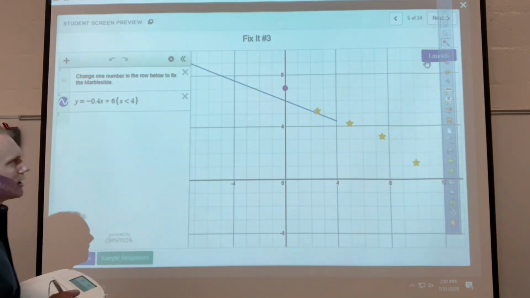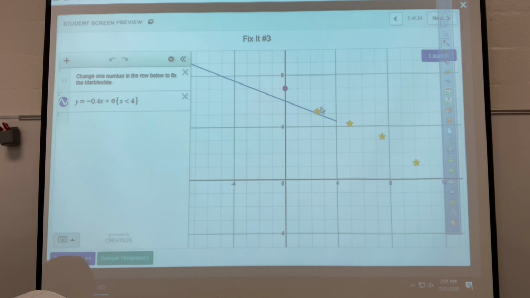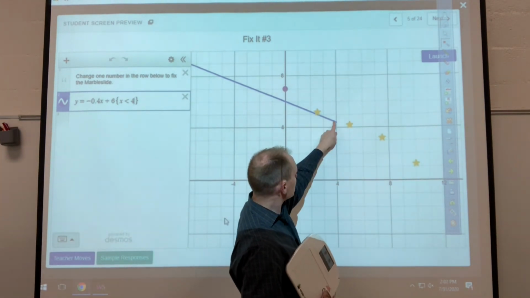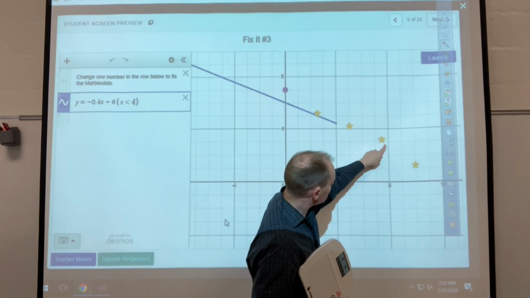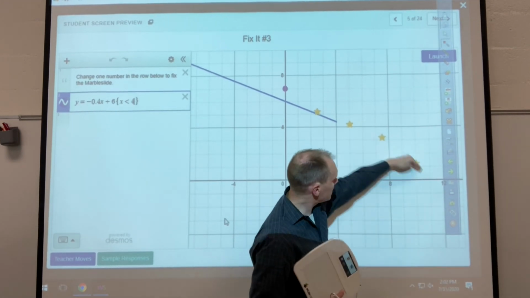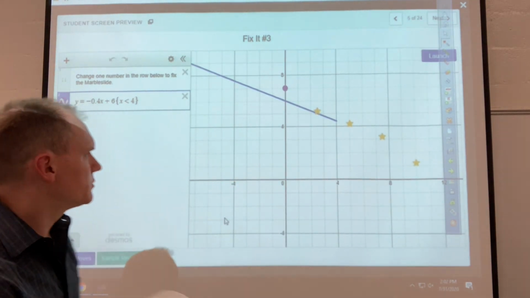So let's see what happens right now when we launch it. Okay, that's pretty good. We got 2 of the stars, but let's see if we can get all 4 here. If we were to increase the domain restriction to go all the way to maybe this star here, so like 7.5, it might continue, because we can't go further than that or it won't get that last star.